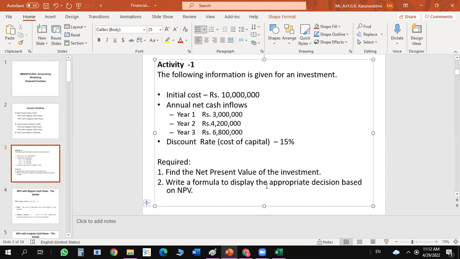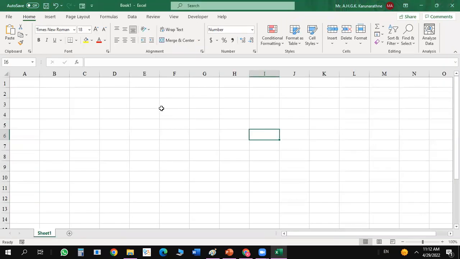Okay, let's now see how to compute NPV without using a finance function. There are some inbuilt formulas for you to easily compute NPV. But without using those formulas, let's compute NPV using our ordinary knowledge, the way we use in our manual computation.